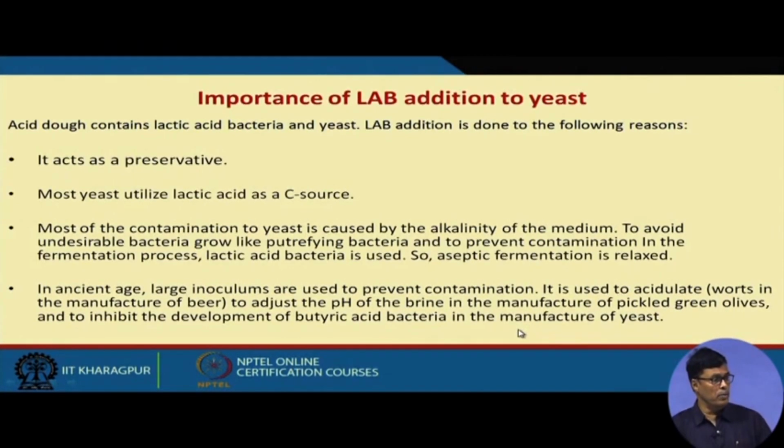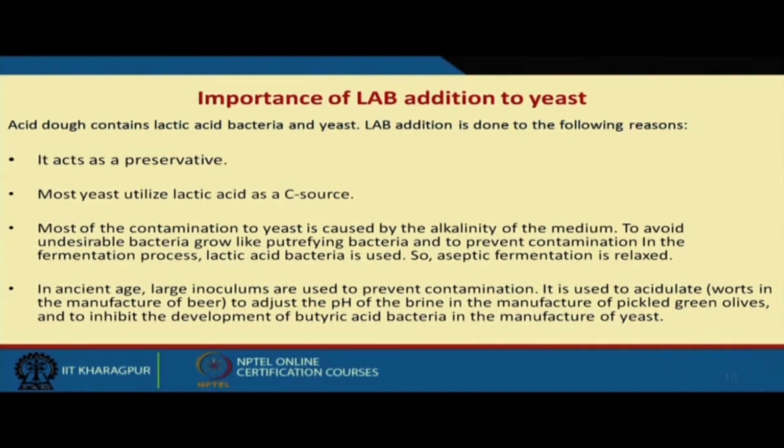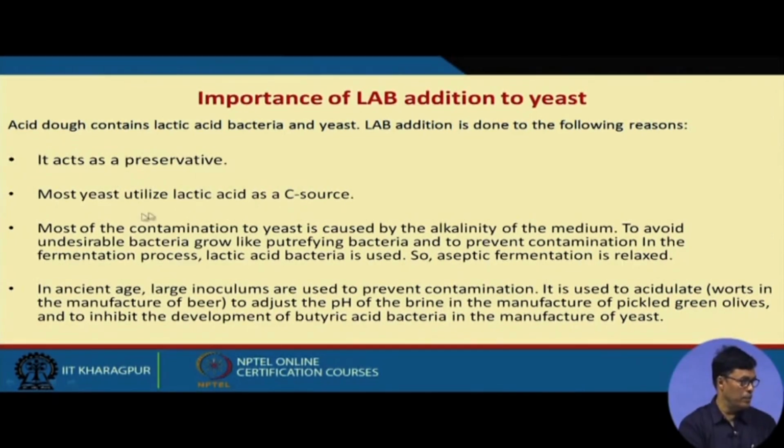The importance of lactic acid bacteria in addition to yeast cells, I already discussed. I also told you that purposefully we add the lactic acid bacteria in the yeast fermentation process, because it acts as a preservative. Most yeasts utilize the lactic acid as a source of carbon. Most of the contamination to yeast is caused by the alkalinity of the media.